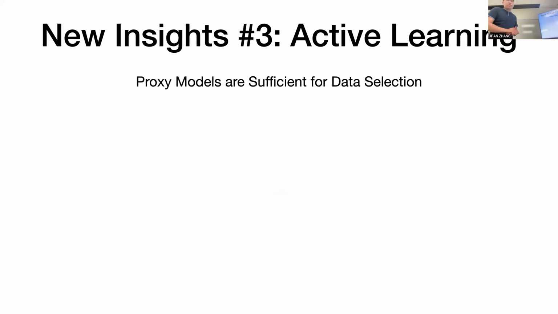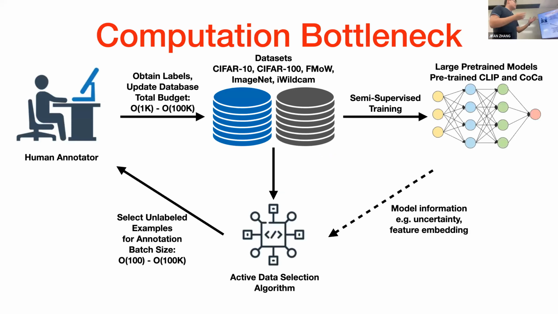And an issue with using adaptive data selection or active learning is, well, if you go back to this framework, there is actually a computation bottleneck. Meaning, initially you would just randomly choose your fixed budget, like say 10,000 images, and then you train your model once.